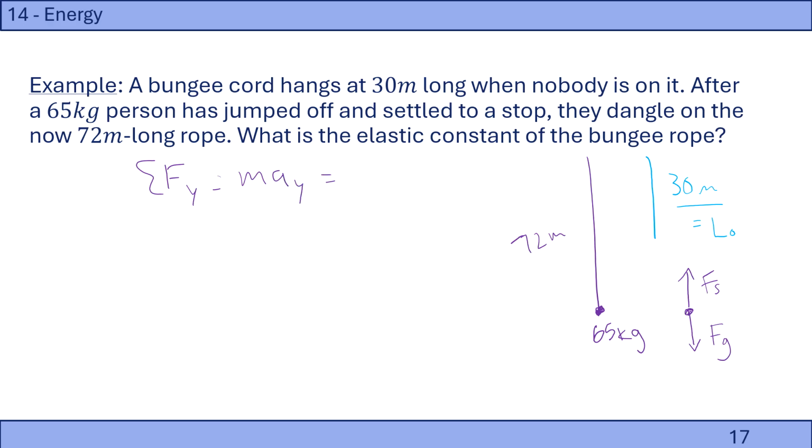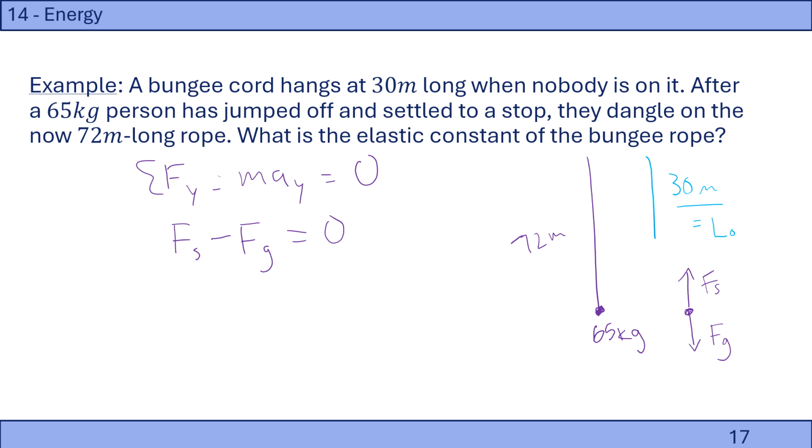In this case it's settled to a stop, so the right-hand side is 0. The acceleration must be 0. And so we can see that Fs minus Fg is equal to 0, because these are vectors. This is the left-hand side of Newton's second law, Fs minus Fg. So Fs, Hooke's law says that this is, and now we do have to be careful.